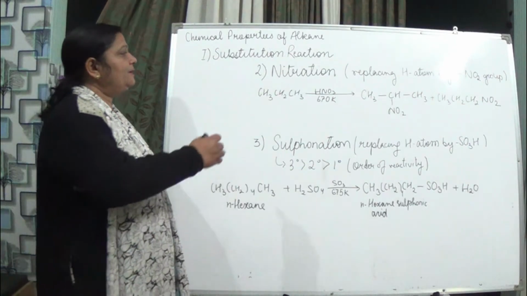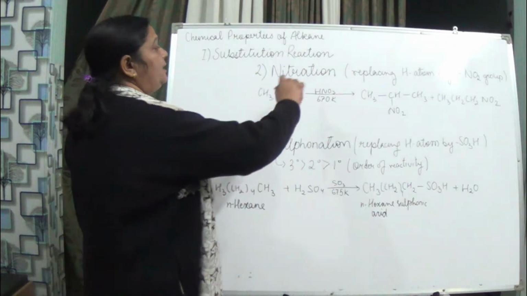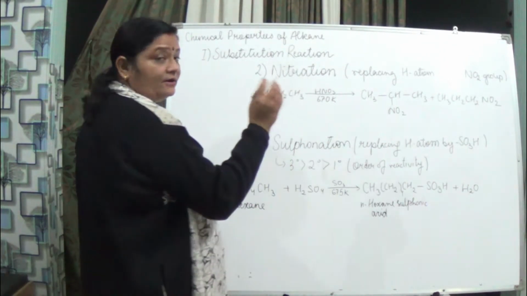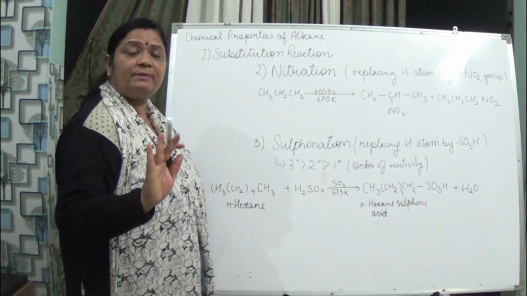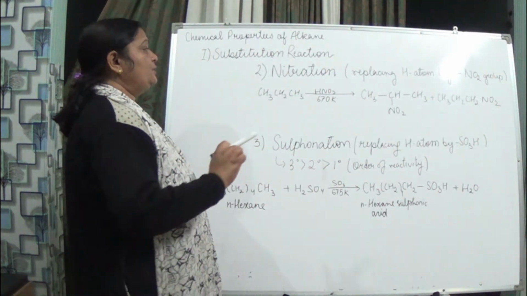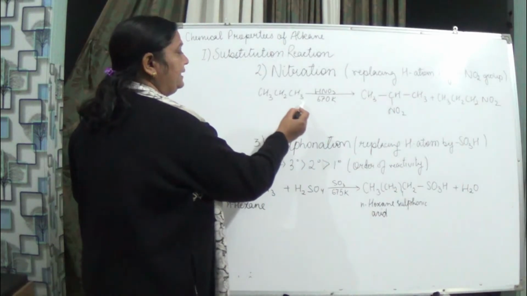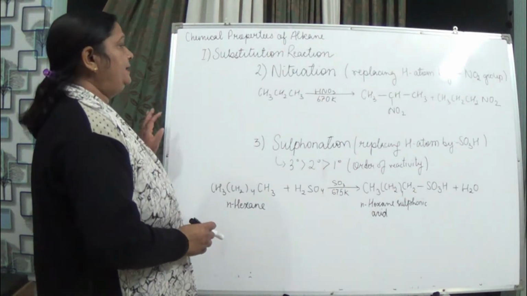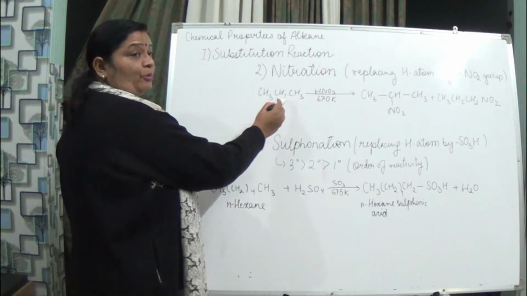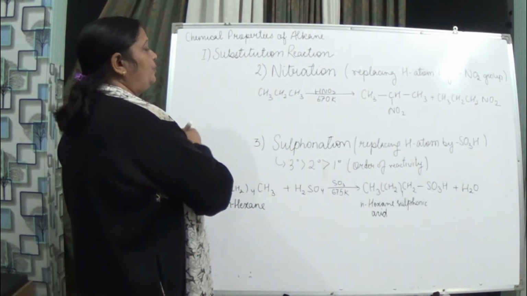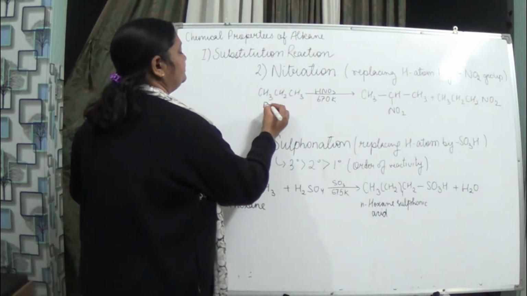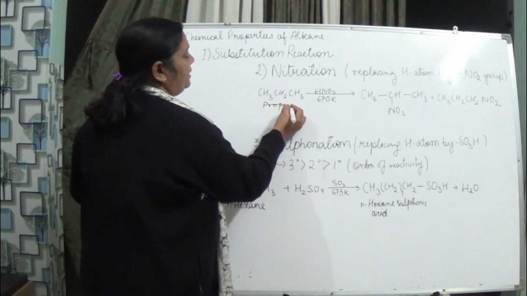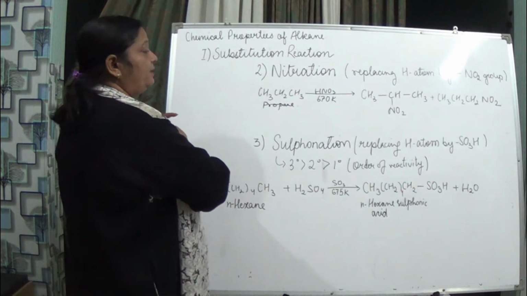So now coming to the nitration reaction, here the hydrogen atoms will be replaced by the nitro group. We have taken a normal alkane, and this alkane is what? Propane, isn't it? Here we have added what?